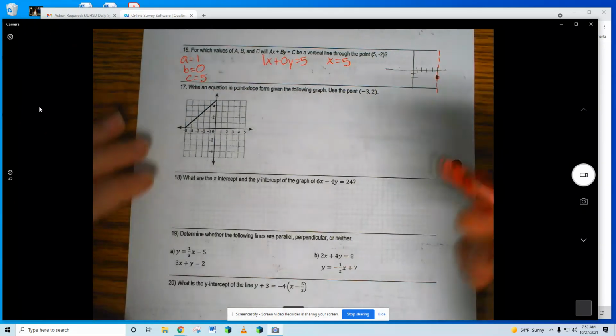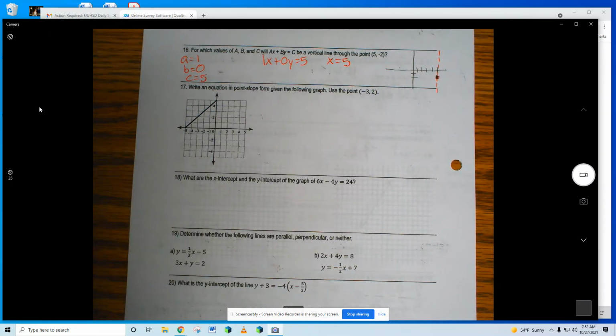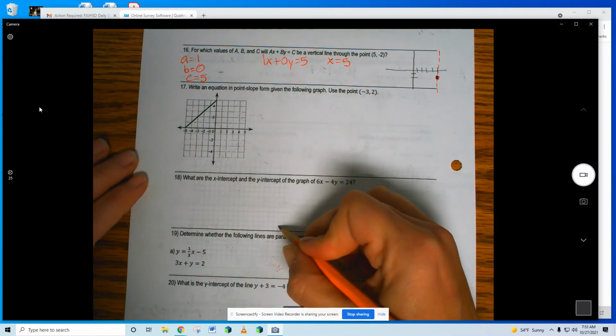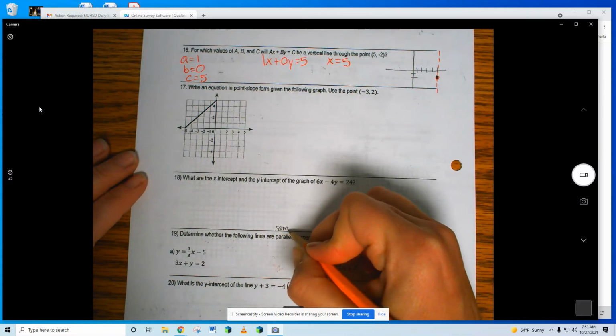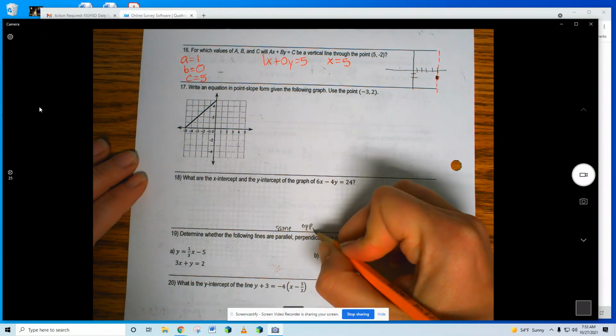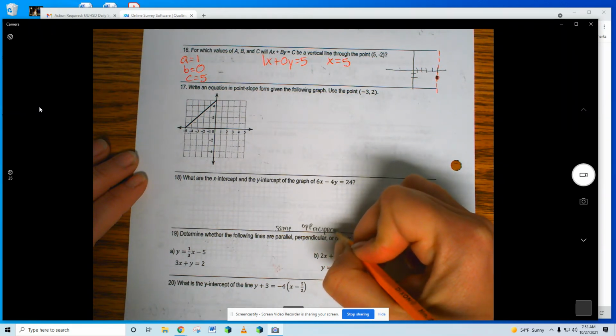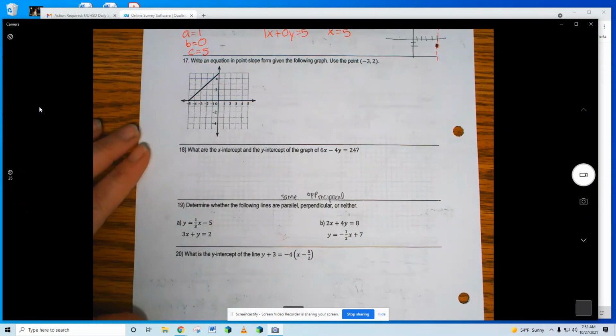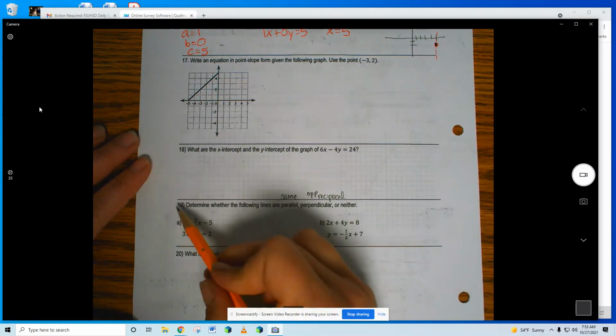These last ones, let me just go through the easy ones. Parallel lines have the same slope. Perpendicular, opposite reciprocal. Okay, we did problems like this on homework. Like number 19 I'm talking about.